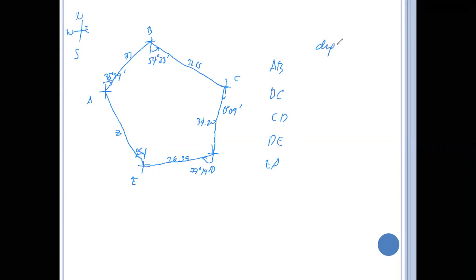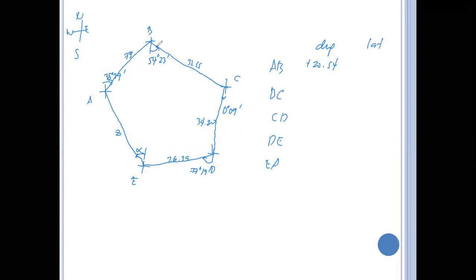So departure, latitude. Starting with the first line, to know the departure value, the given side is 33, then sine of the angle 3829. This will give us positive 20.54. Positive because from A to B, this is going to the right.